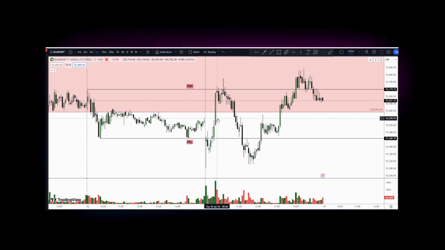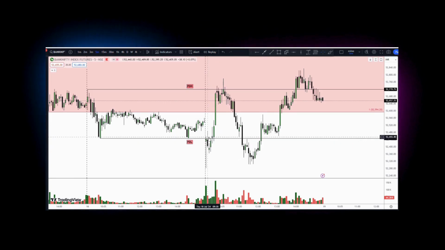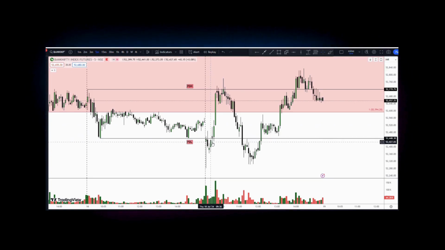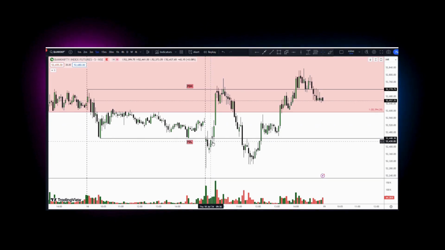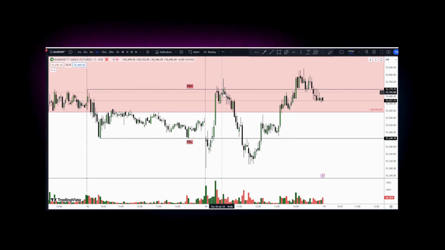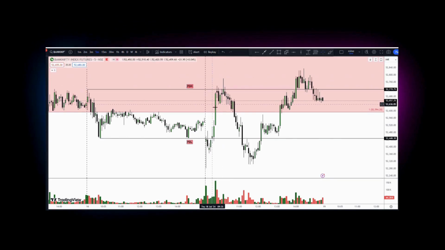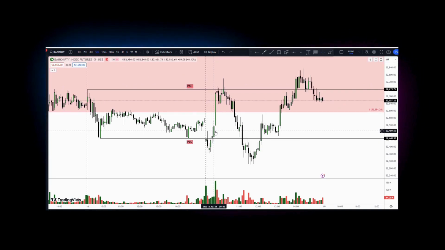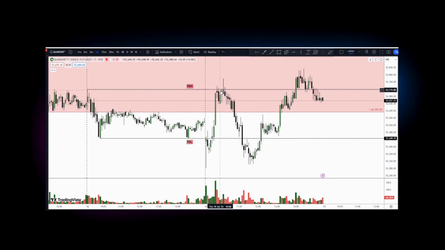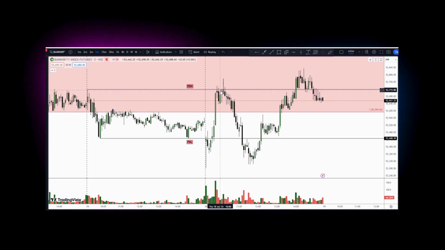Okay, it zoomed up. Generally, when price breaks back inside from a previous day low, or breaks back inside from a previous day high after opening outside it, it tends to go to the opposite range of the previous day.